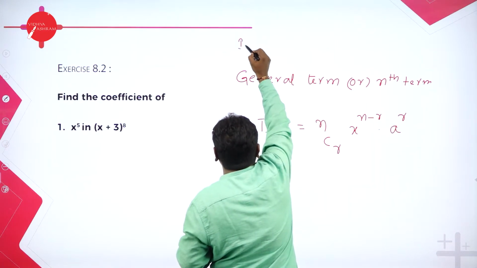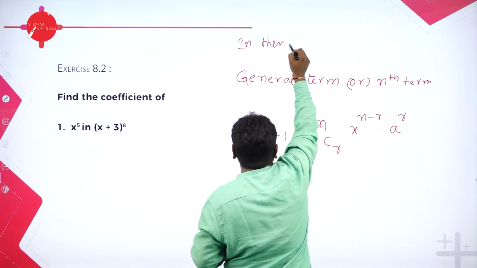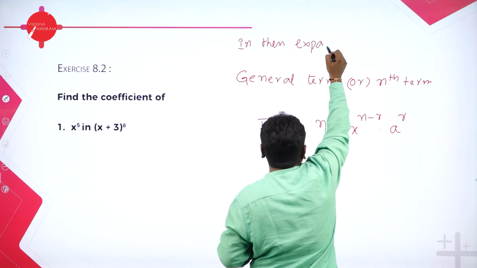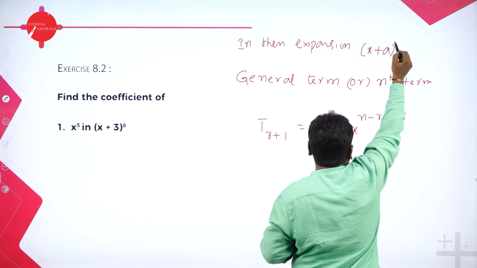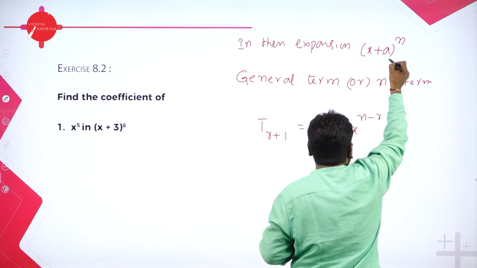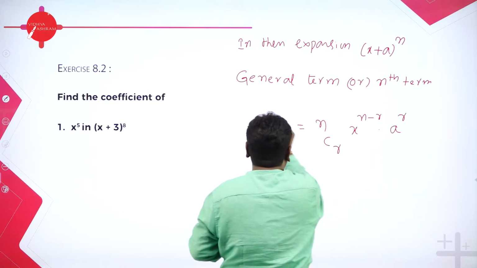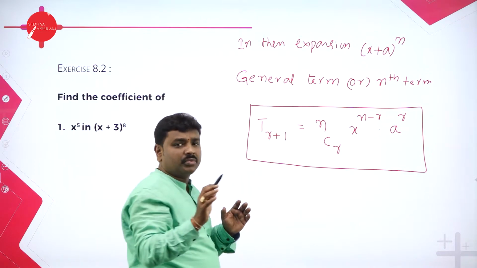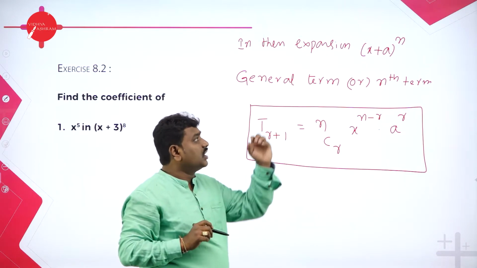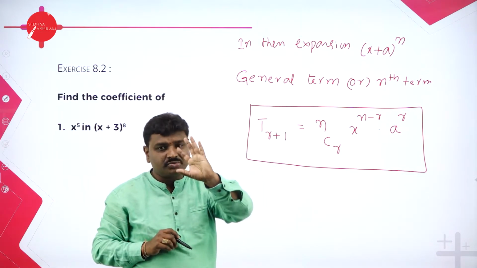So I say like this, in the expansion x plus a power n, suppose the first term I call x, the second term I call a, and the power I call n. Then the general term is this. Dear students, from now onwards every problem we solve by this. Or instead of x plus a, you can take a plus b, no problem.